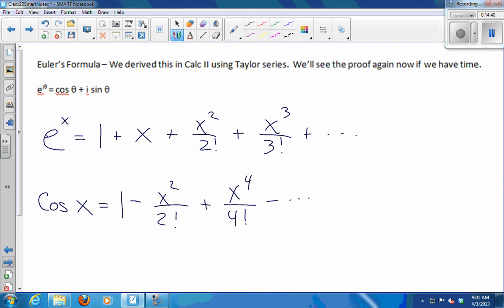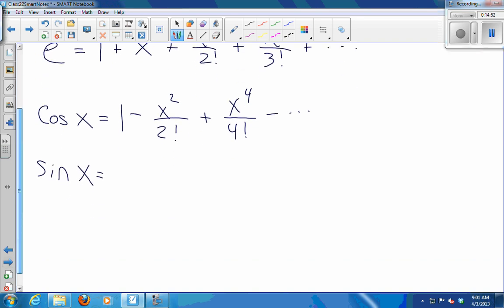Yeah, they would have to alternate because the derivative of cosine is always going to change sign. Cosine of 0. Yeah. And then sine x, its first term is x minus. I hope those are right.